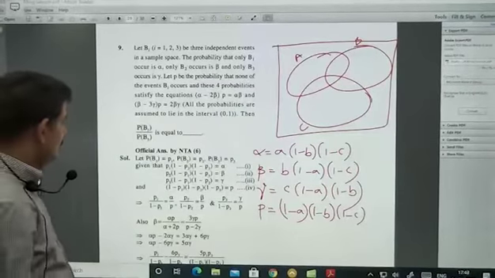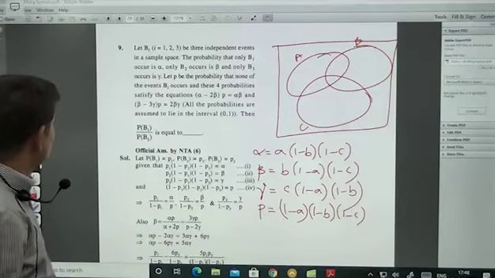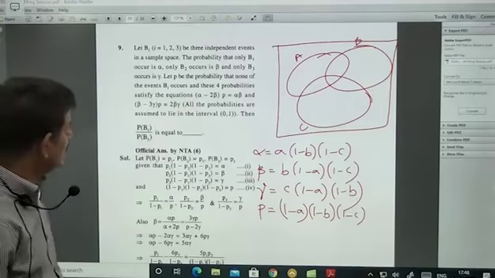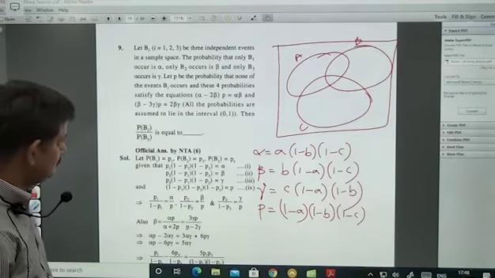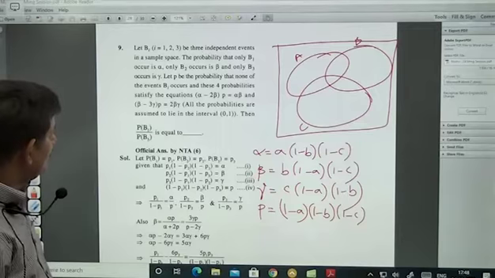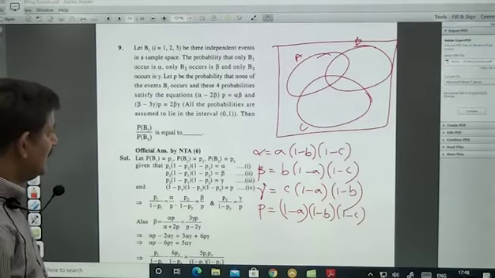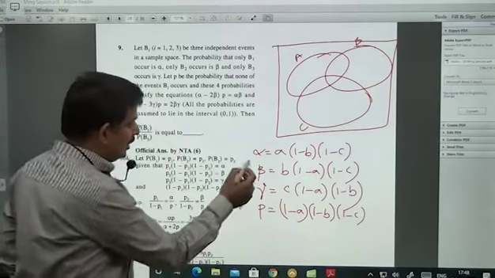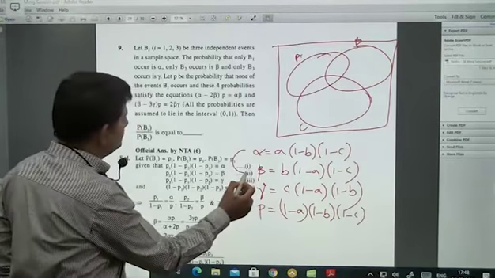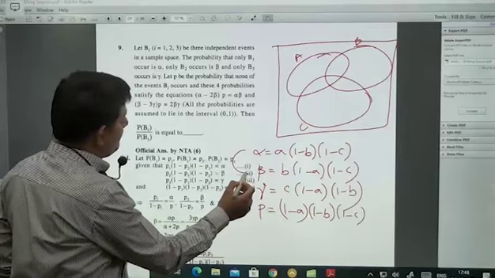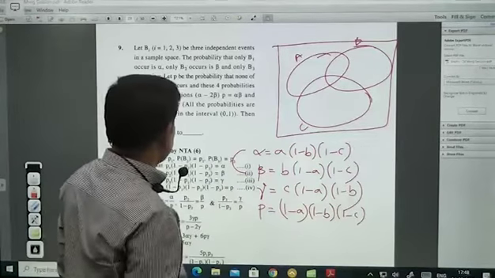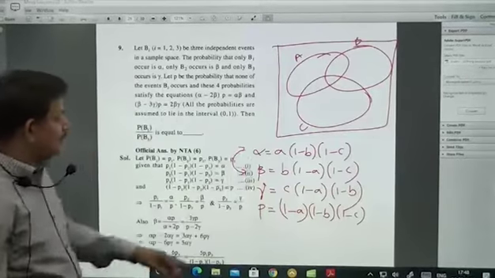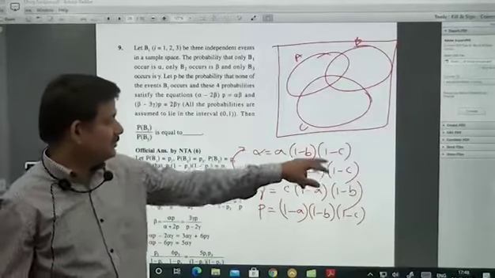Now, what do we want? Alpha minus 2 beta into P is given to be alpha beta. Alpha beta is AB into (1 minus A), (1 minus B), (1 minus C) whole square.